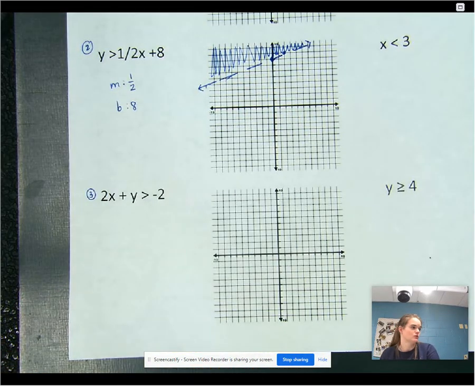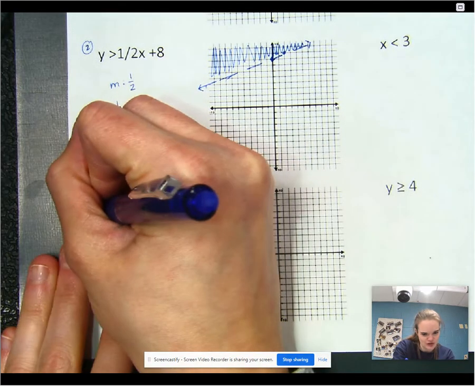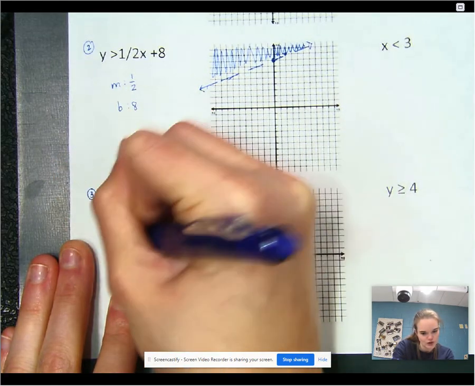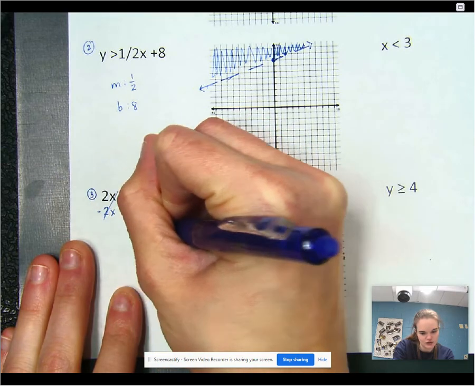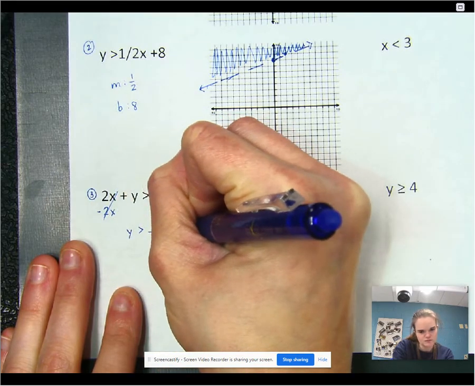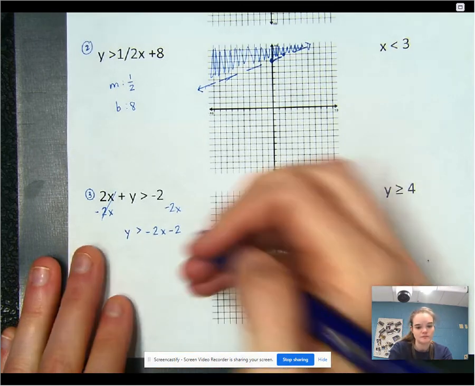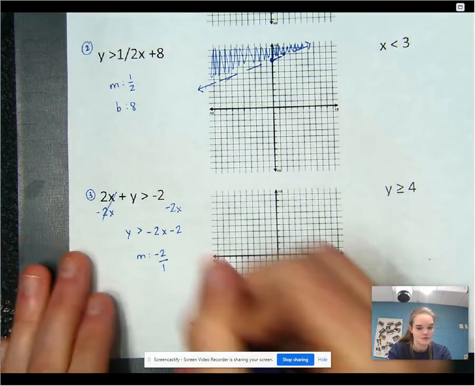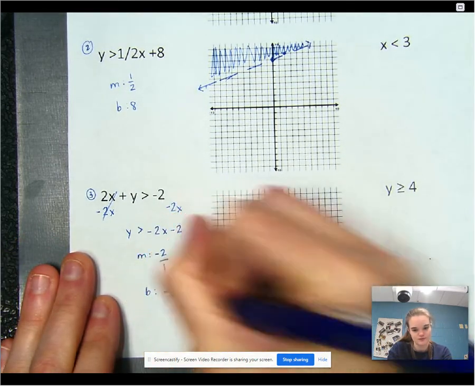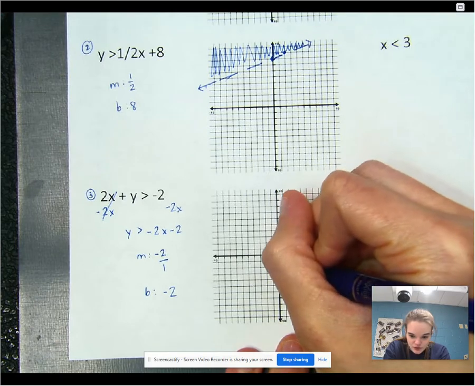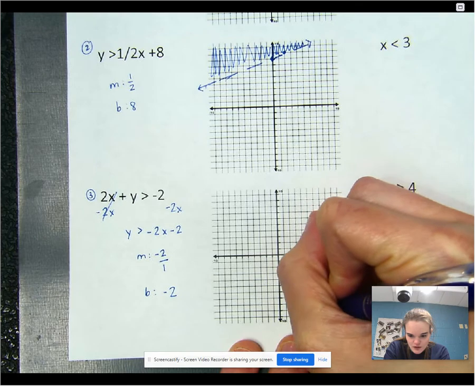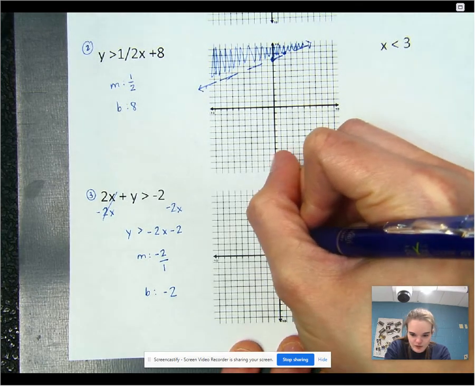Number 3 is not in y equals mx plus b form, or slope-intercept form. So we're going to have to make it that way by subtracting 2x. So y is greater than negative 2x minus 2. Y is now by itself, so the slope is negative 2 over 1. The y-intercept is also negative 2. Start at negative 2, go down 2 over 1, and you can go all the way.